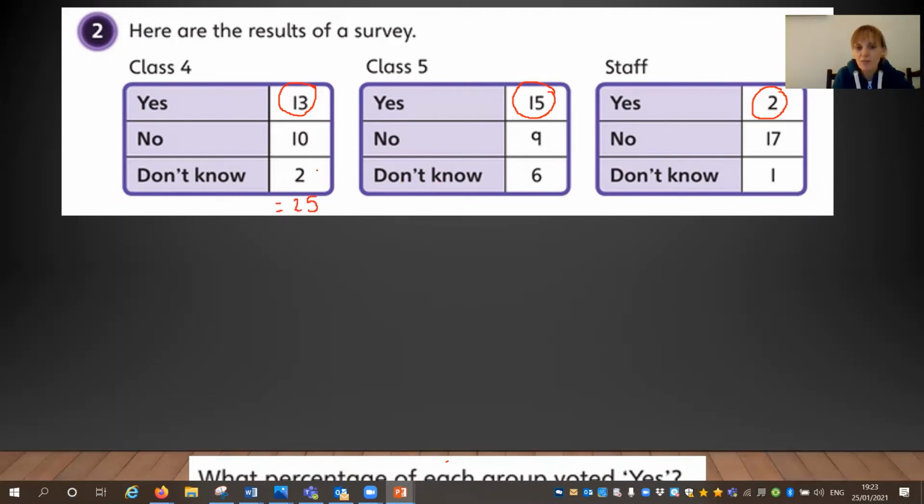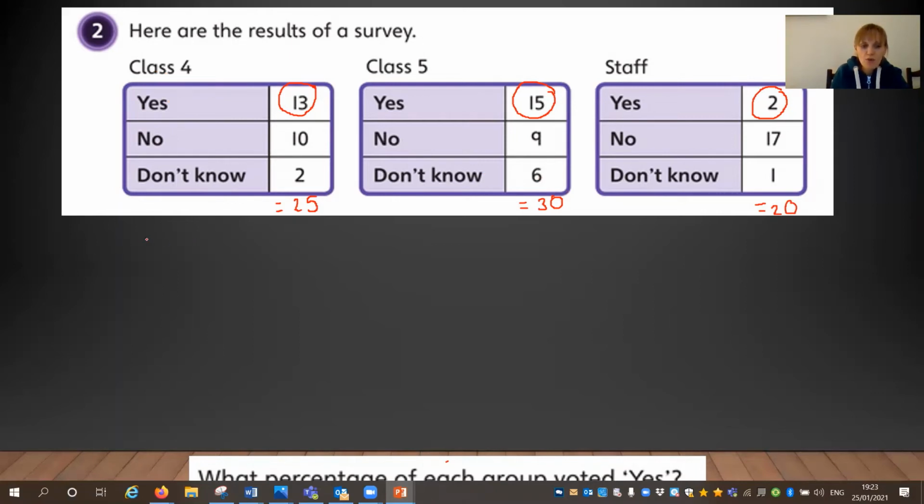This one in class 5, 15, add 9, add 6. Well, 9 add 6, I would think that's going to give me 15, add another 15. So this one has a total of 30, and the staff has a total of 20. So now we have our totals, we can write our yes votes as a fraction.